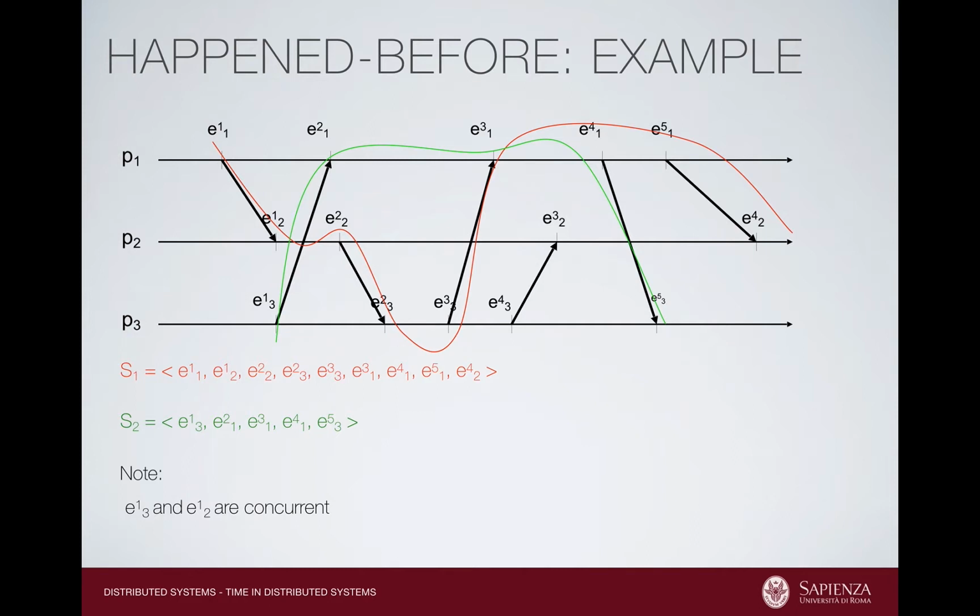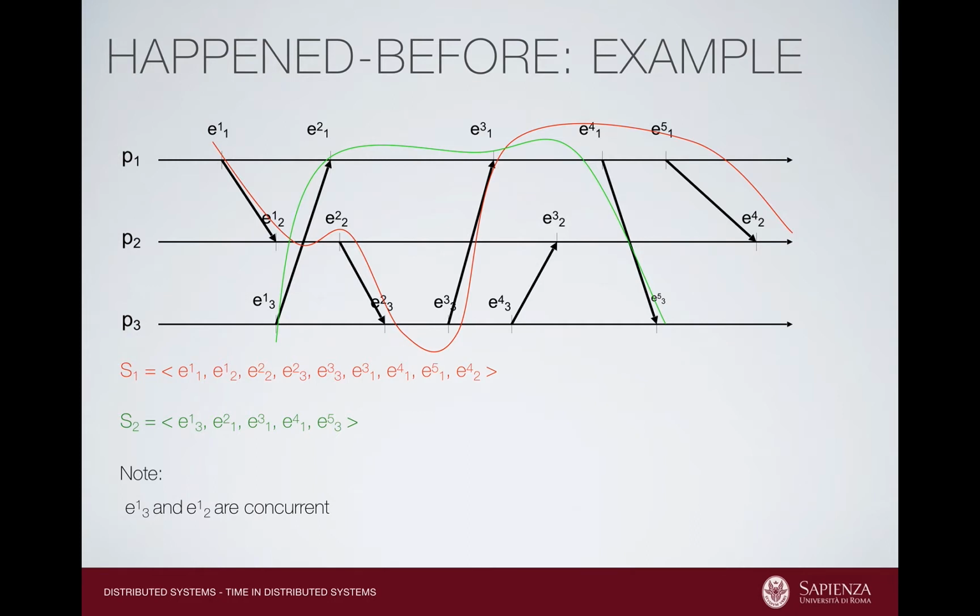There is a happened-before relationship between two events if the last event in the relationship knows, or could know through the exchange of messages, the event that happened before. So on the green line, the last event could know that the second event of the green line happened, because there is a connection of messages or a connection of actions on the same process that connects the two.